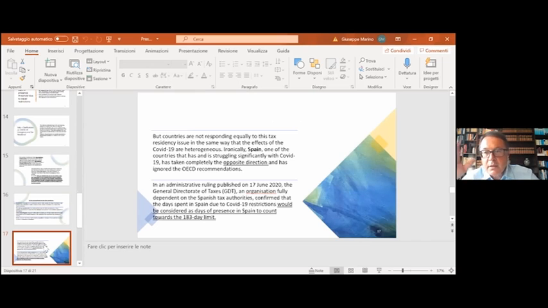But certainly close to the Italian position is the position of Spain. Spain has been quite clear in saying, unfortunately, we cannot agree with the OECD recommendations.